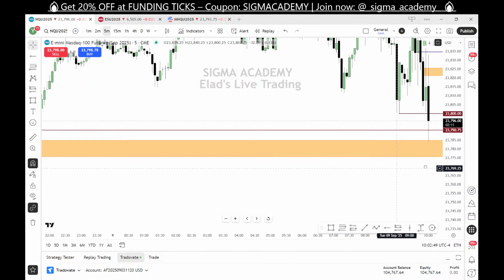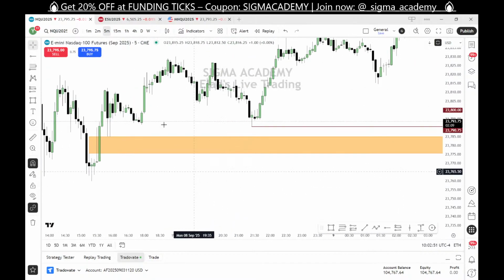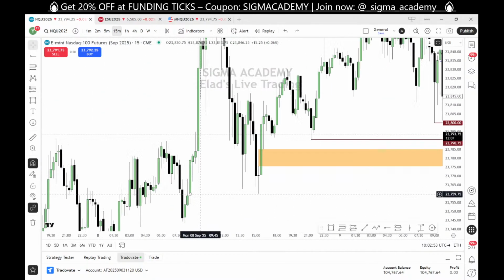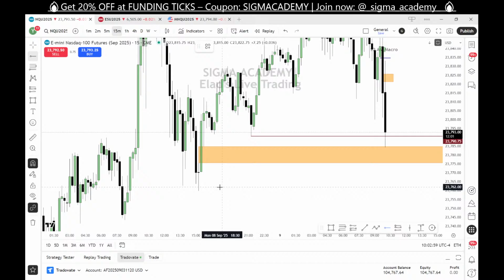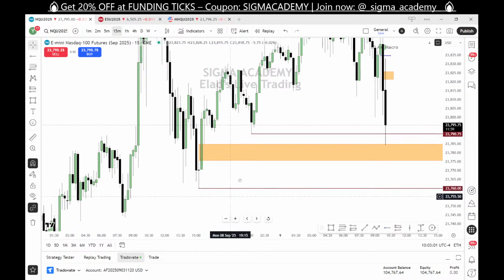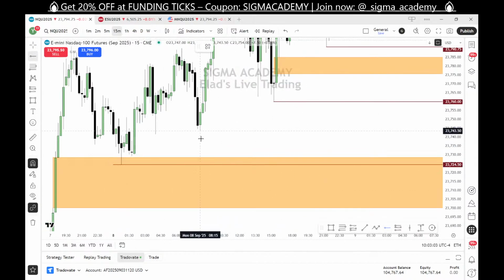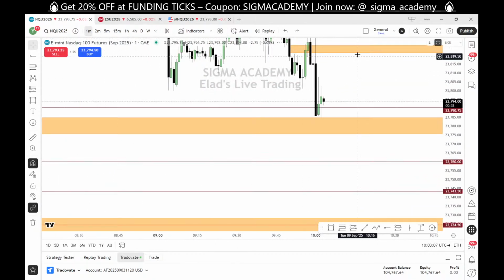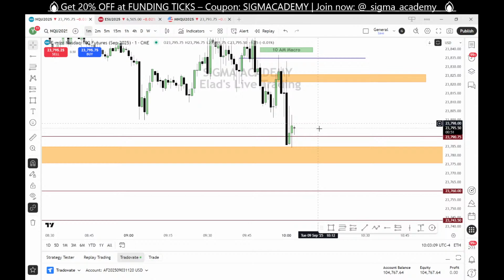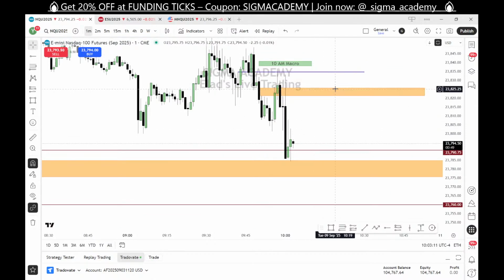So first, we have this fair value gap in the 15. We can anticipate also this one will be taken out and this one will be taken out until we have any clue on the lower time frame that we are going to reverse.